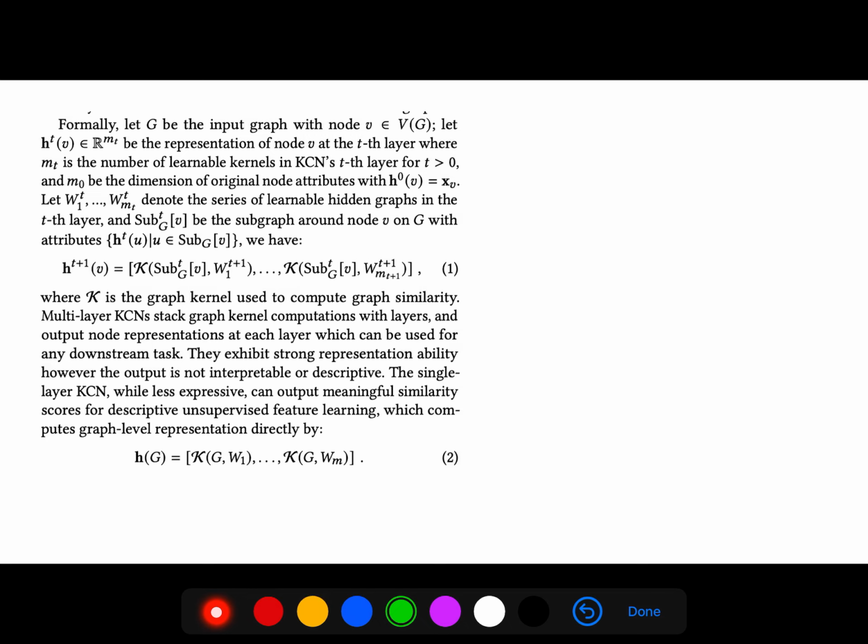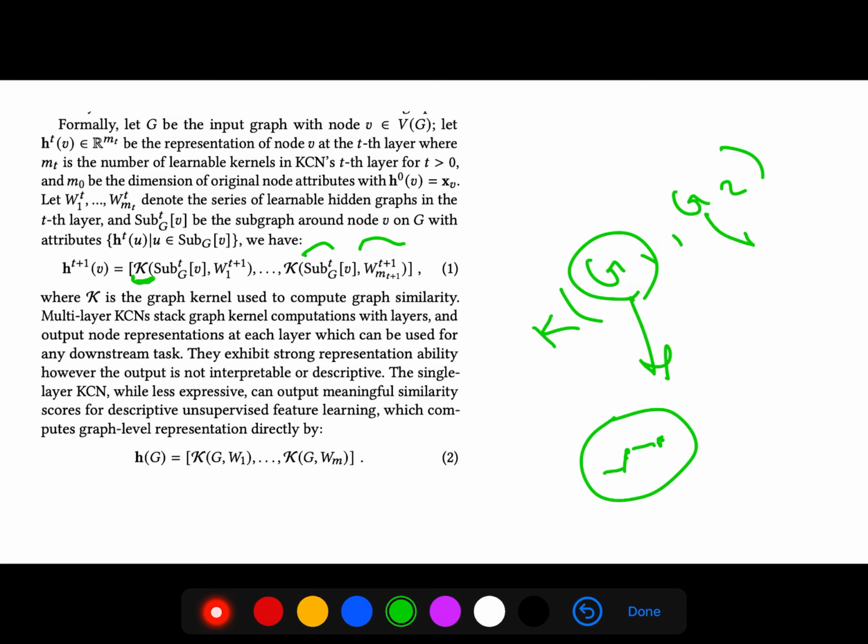The subgraph around node V can be represented like this, where K is the graph kernel, because we want to compute the similarity between two graphs. One of them may be the subgraph around a vertex, but the other one should be learned; it is hidden. You can consider it as a latent variable, like the filters in a convolutional neural network.